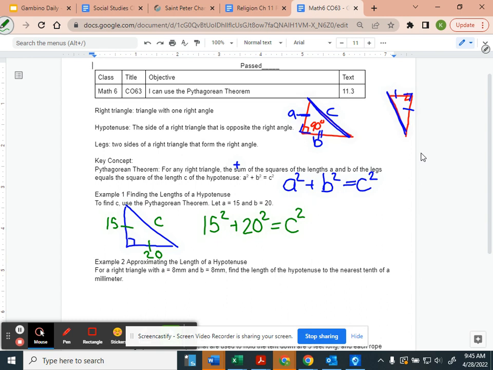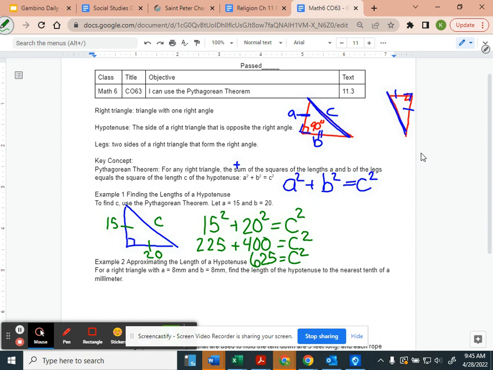So 15 squared is 225 plus 20 squared is 400 equals C squared. So now I have 225 plus 400 is 625.